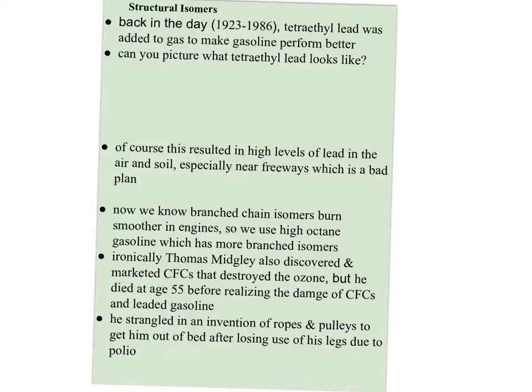So some structural isomers that have been significant in the world of chemistry include tetraethyl lead, which was added to gas to make the gasoline perform better. If you think about tetraethyl lead, it would be a Pb, and then it's got a CH2CH3 group here, and a CH2CH3 group here, and a CH2CH3 group here, and finally a CH2CH3 group here.